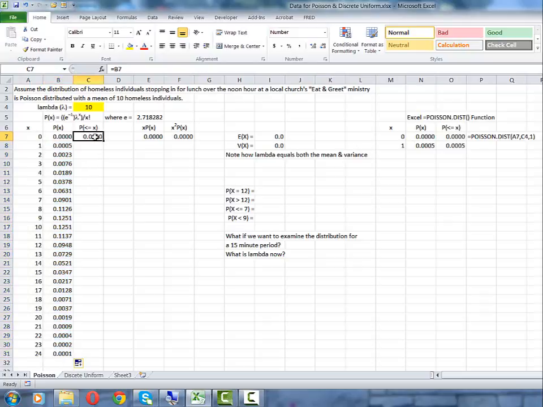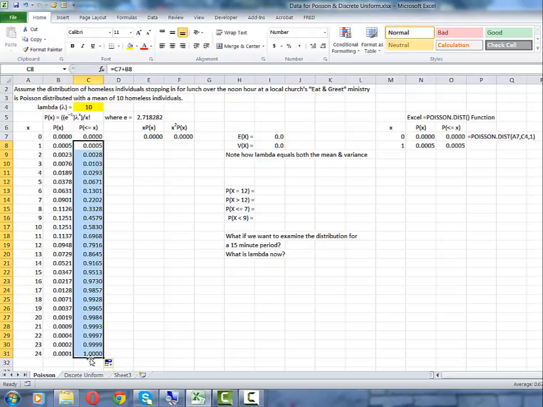We can also do the cumulative and see what we end up with at 24, and it's very close to 1. That might be rounding.